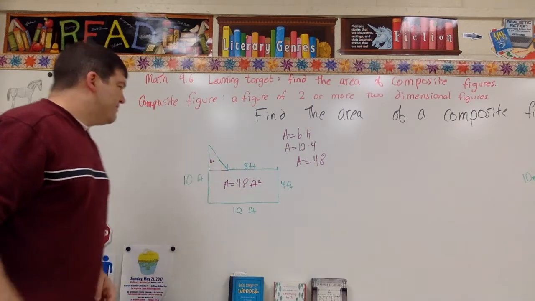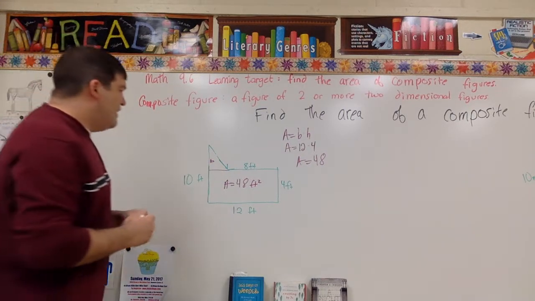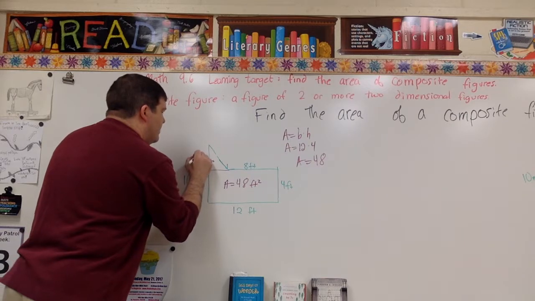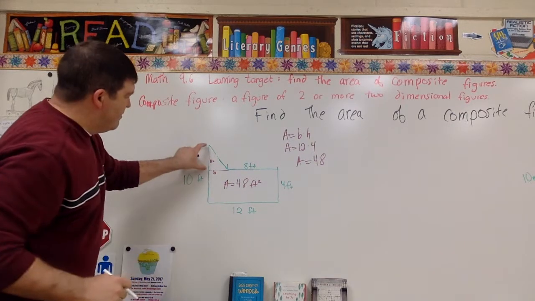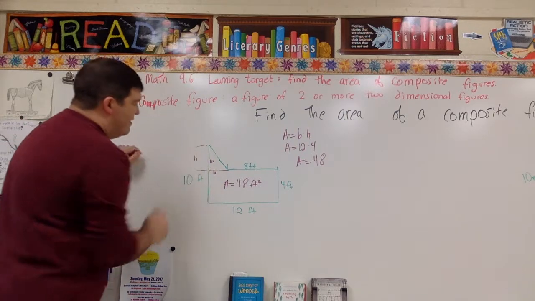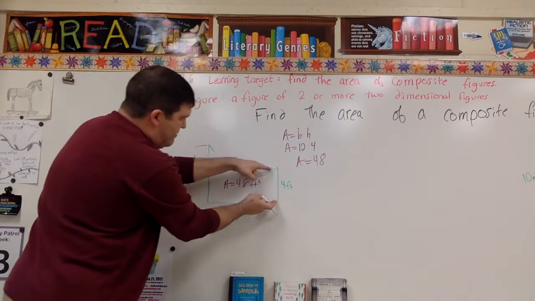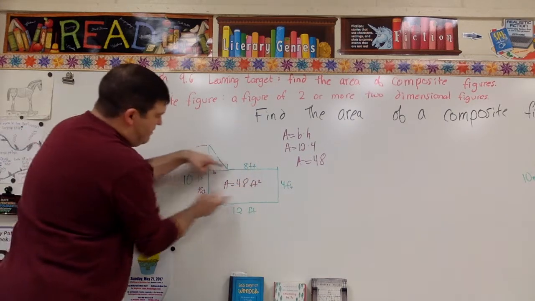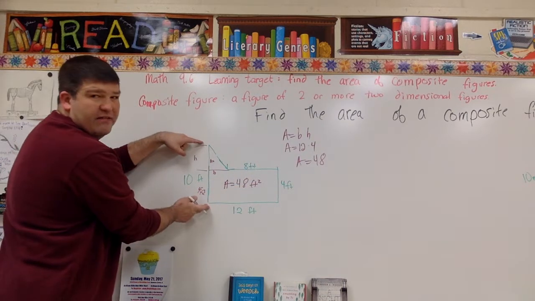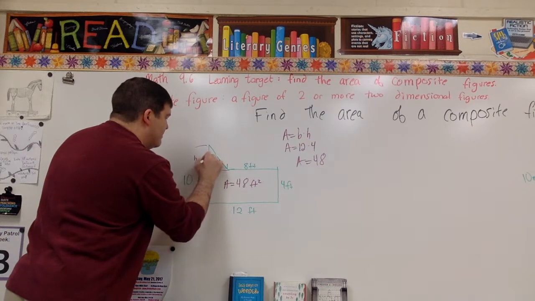Now I got to find this. Well, I need to find my height and my base. So how do I find this much right here? Well, I know that this right here is 4 feet. If this is 4 feet, this whole thing is 10 feet. This must be 6 feet.